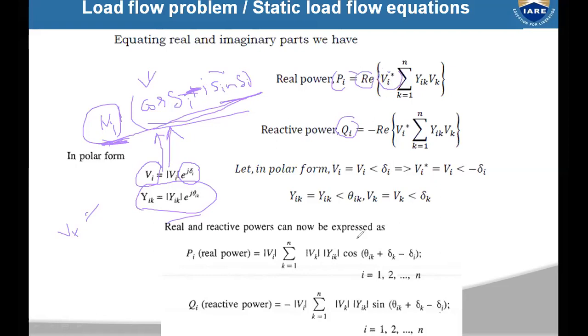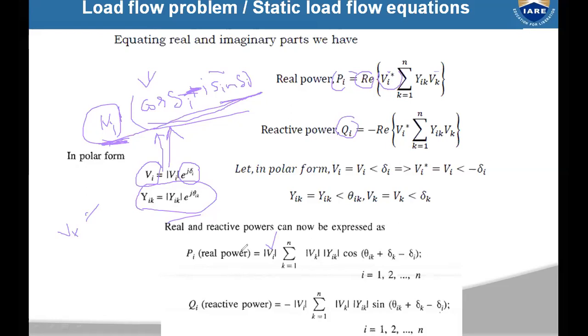So the real part will be magnitude of Vi, then cos delta I. Similarly, Yik can be written as magnitude of Yik cos theta ik plus j sin theta ik, and you take the real part. In the similar way, Vk is magnitude of Vk cos delta k plus j sin delta k.